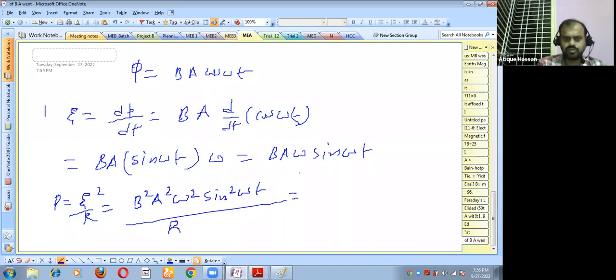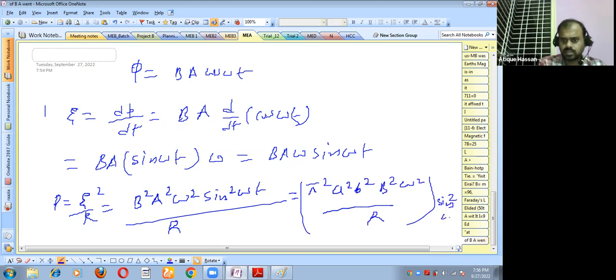Now we'll put the value of area. So it is pi square A square B square and again B square omega square by R into sin square omega t. Now we have to calculate average power, right?